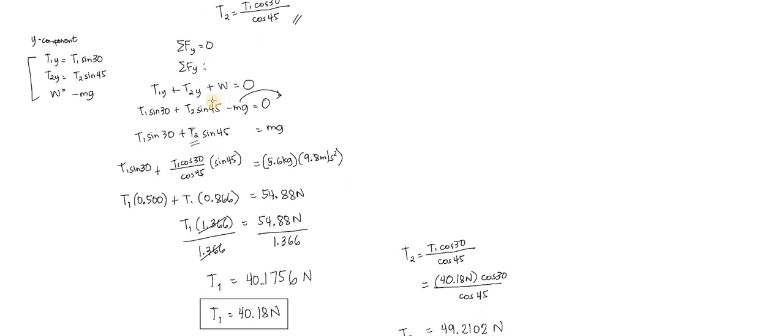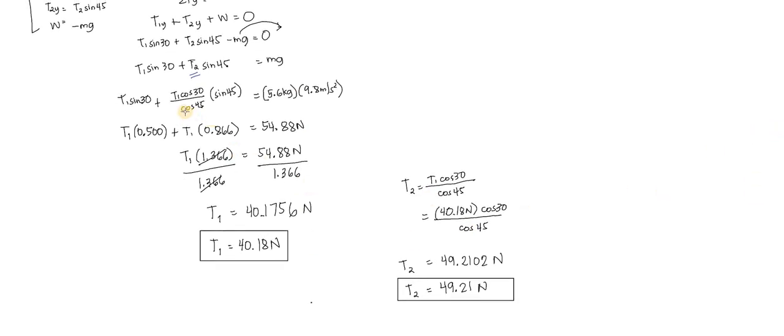Next, we add all the y components, which are T1 sub y, T2 sub y, and weight. Then we solve this. Then we substitute this value of T2 into our equation so that we will have one variable, which is T1.